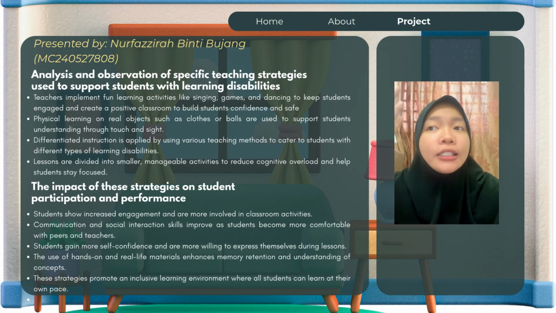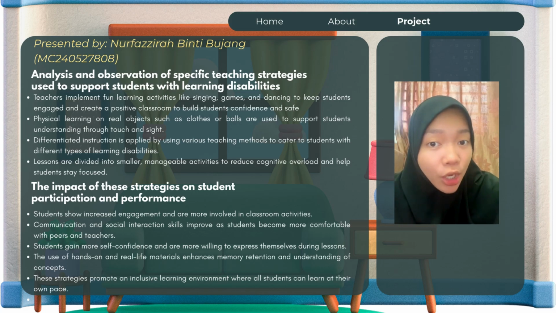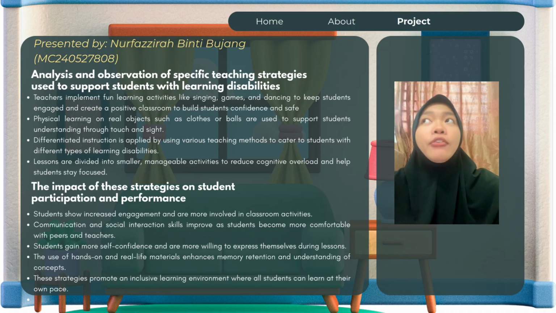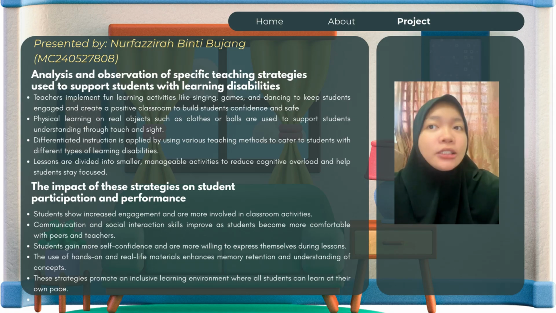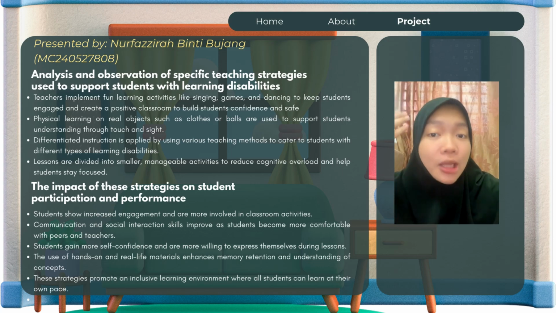Overall, these strategies create an inclusive learning environment where all students, regardless of their learning abilities, can learn comfortably at their own pace. In conclusion, this analysis shows that using the right strategies can make a big difference in how students with learning disabilities participate and perform in the classroom. Thank you for listening.